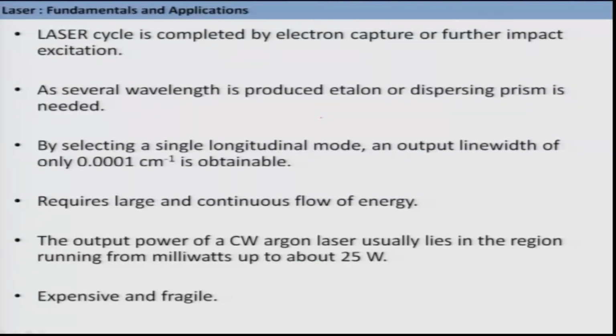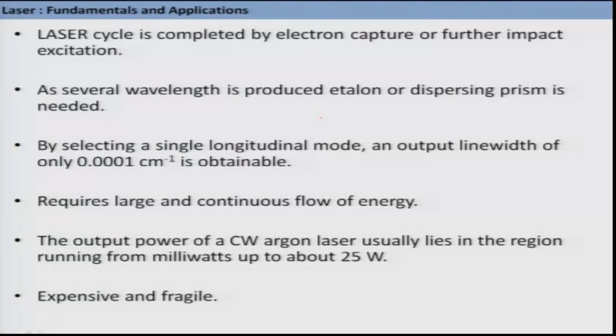A few important things about this argon ion laser. This laser cycle is completed by electron capture or further impact excitation. Also, the several different wavelengths are selected by an etalon. We mentioned in one of the earlier classes what an etalon is.